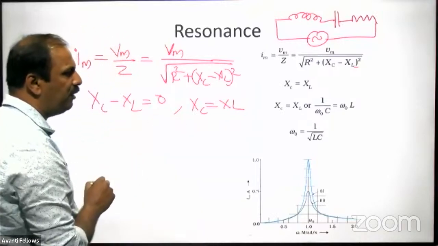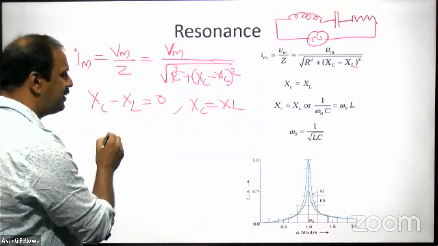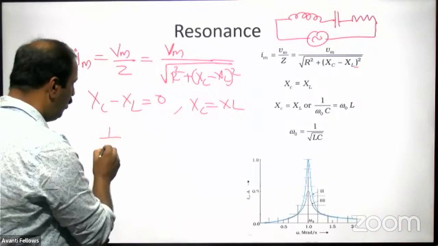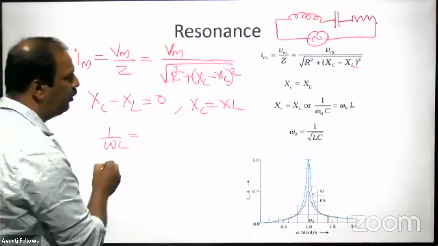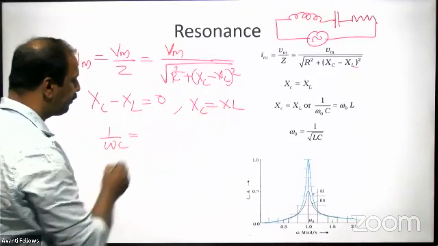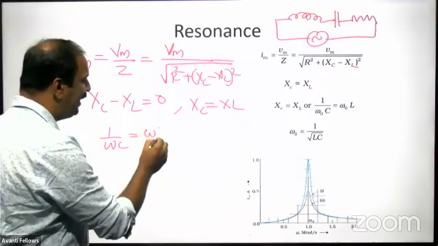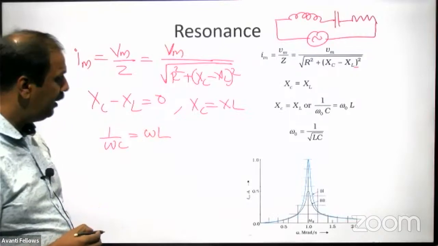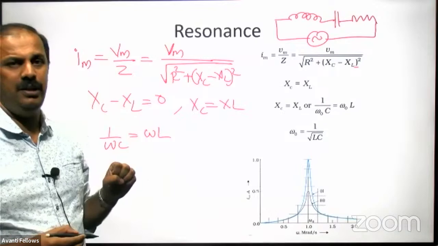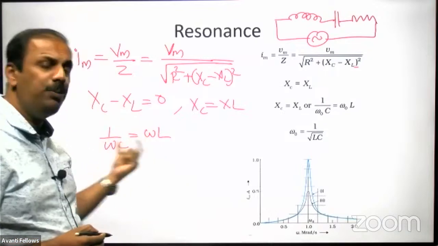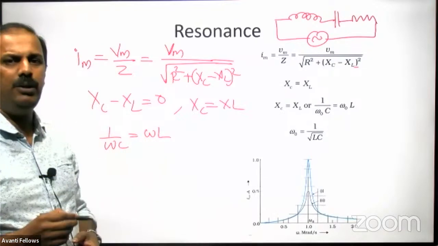And we have the expansion of this Xc and XL. What is Xc? 1 by omega C. That should be equal to XL, that is omega L. Now see here, this will happen for a particular frequency. These two frequencies cannot be different. It should happen for a particular frequency.